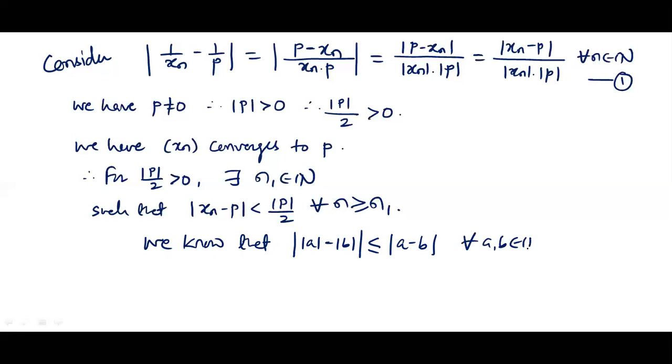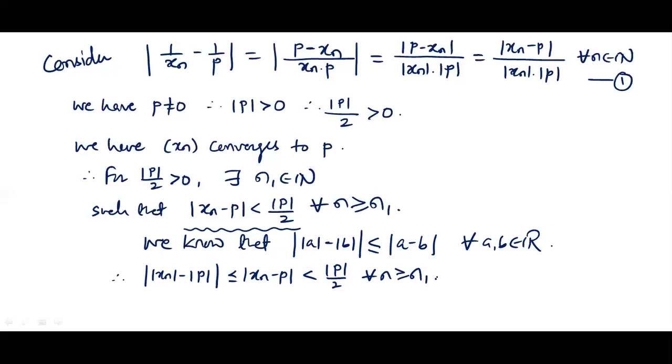This is true for any two real numbers. Therefore, we can write the left hand side of this term as mod of xn minus mod of p is less equal mod of xn minus p, but mod of xn minus p is less than mod of p by 2 for all n greater equal n1.